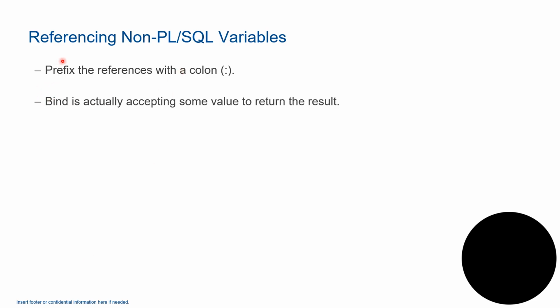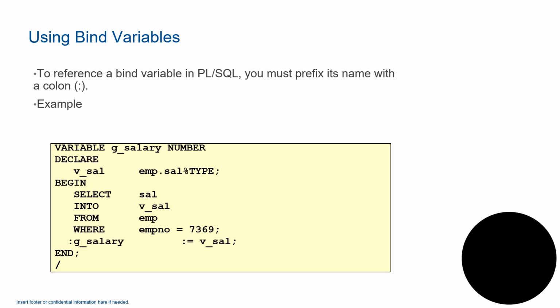As you can see, for non-PLSQL you prefix the reference with a colon, so it is a colon structure basically. Bind is actually accepting some value to return the result. To reference a bind variable in PLSQL, you must prefix its name with a colon.